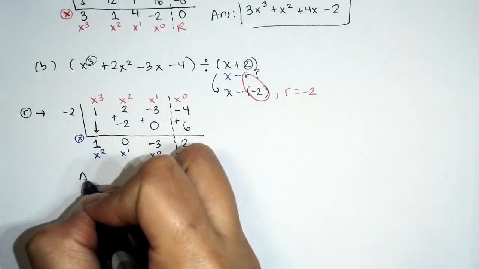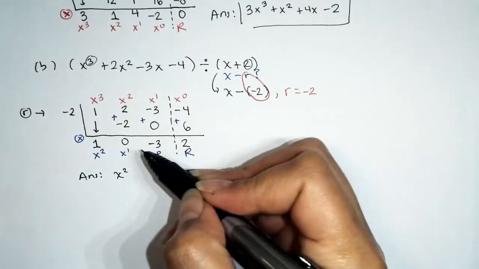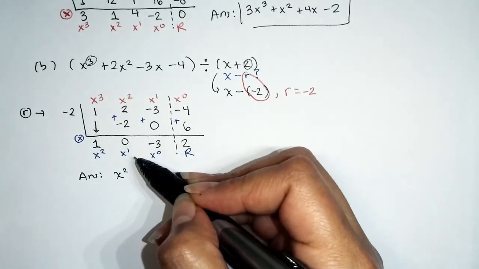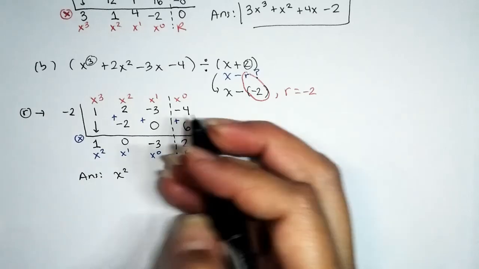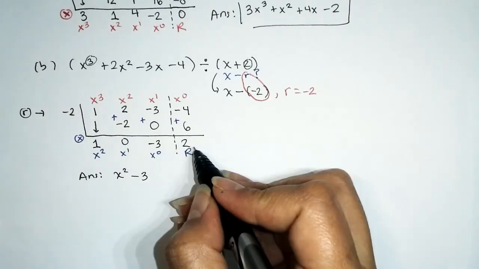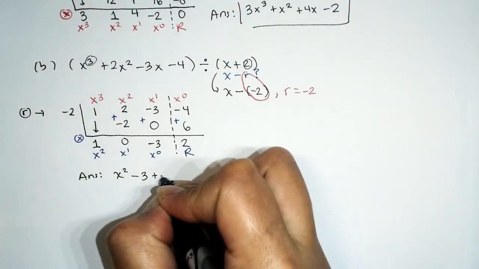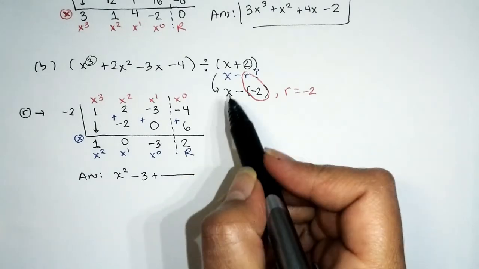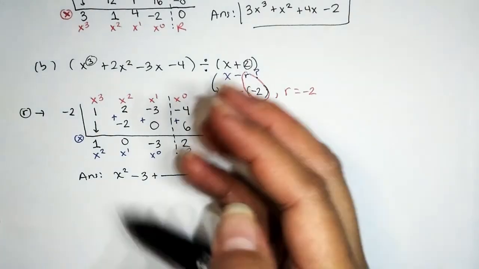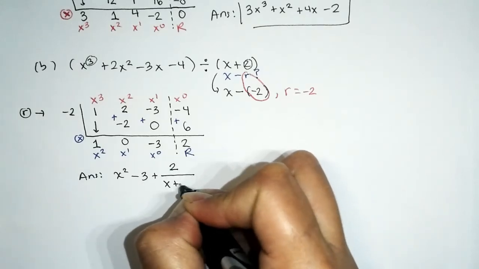So our answer is x squared, plus 0x, which is just 0, so ignore it, minus 3. And then we have a remainder, unlike the earlier problem, so plus the remainder in fraction form. The remainder is 2, and we divide it by x plus 2. So as a fraction, the remainder is expressed as 2 over x plus 2.